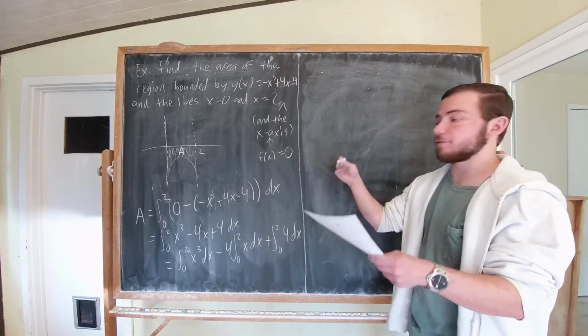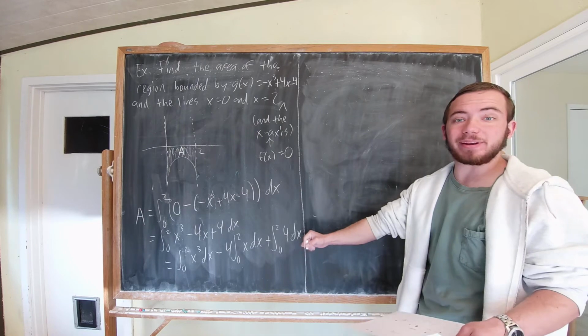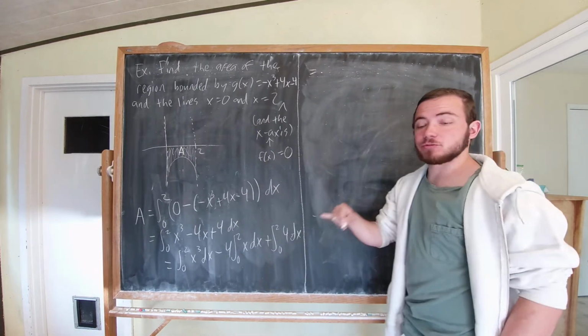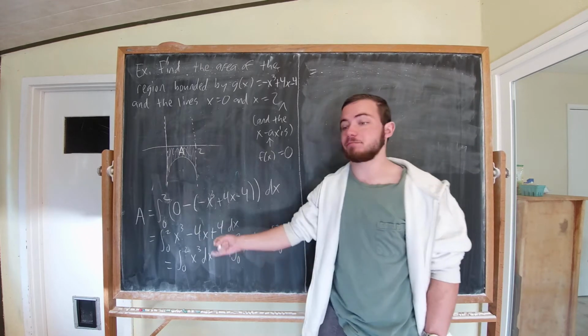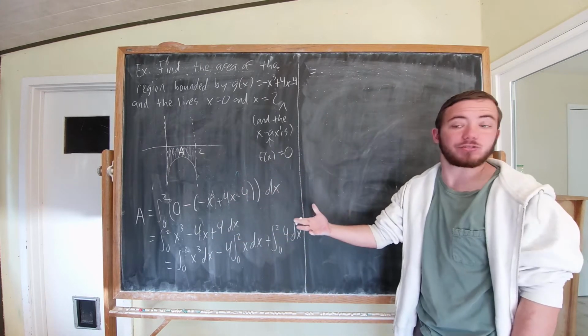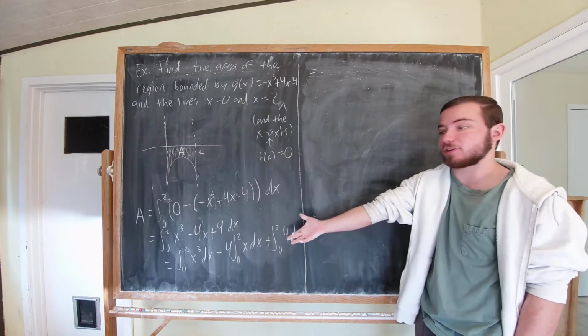Alright, where do we go from here? Well, we just keep evaluating these definite integrals. Applying the fundamental theorem of calculus, since we just have things we can straight up integrate, we don't have to worry about any u-subs changing any boundaries or anything like that. We can just straight up integrate these.